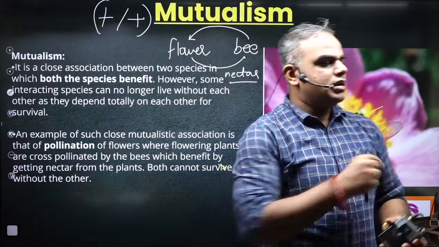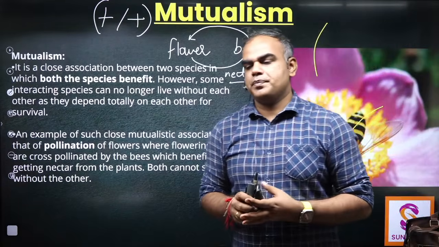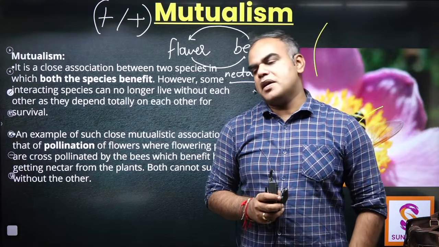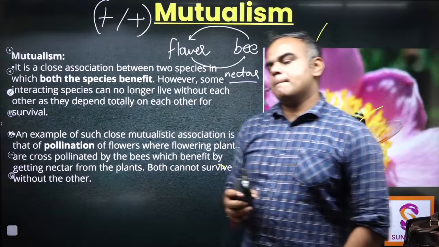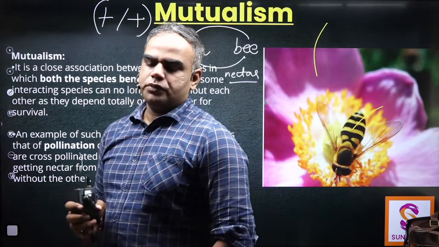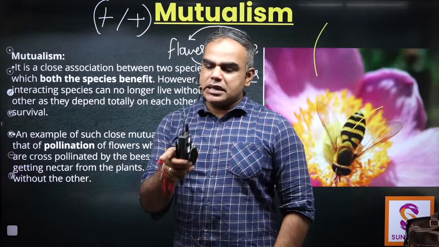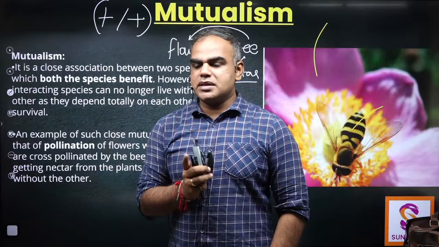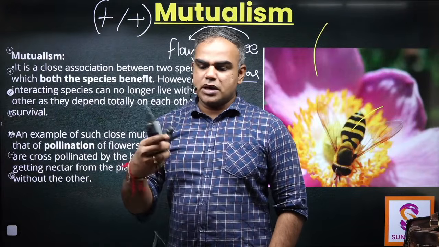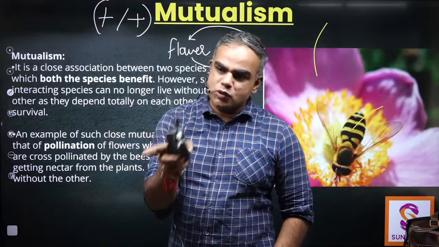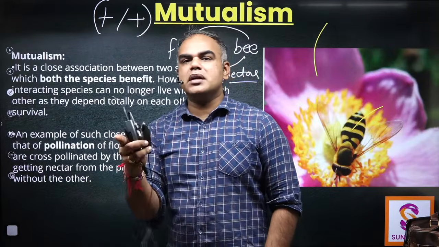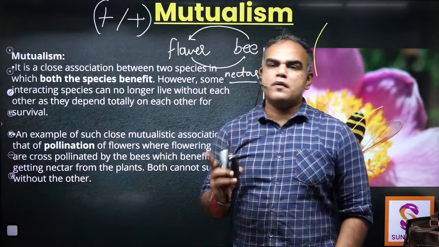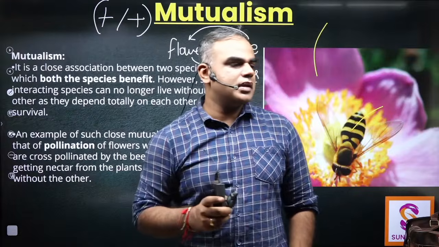Next, leaf cutter ants and fungus. There are many types of ants, the better example is leaf cutter ants, more specific. So leaf cutter ants and fungus is one example. After you're done with the class, also try to see how one is helping the other and how one is harming the other, so that you understand the concept in detail. You have leaf cutter ants and you have fungus.